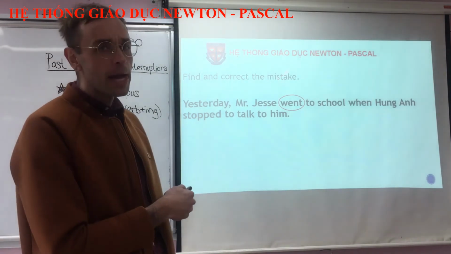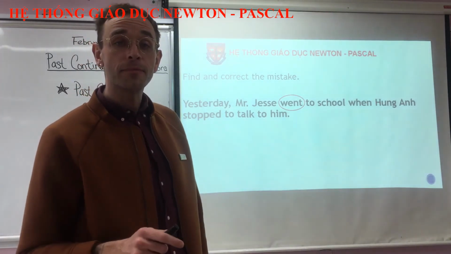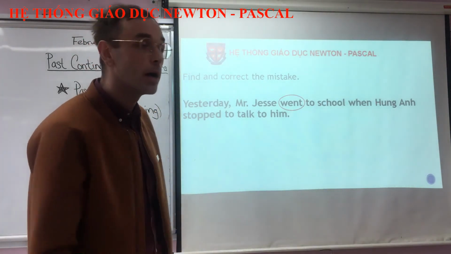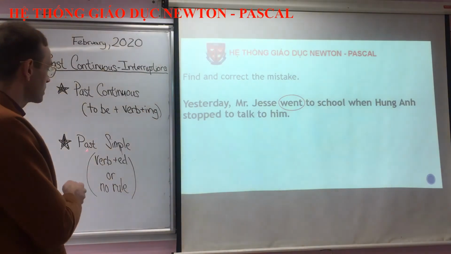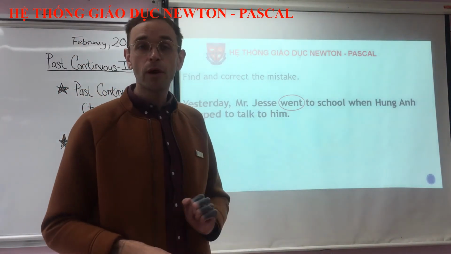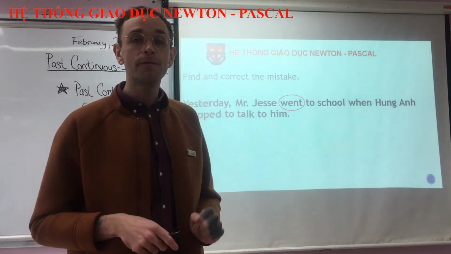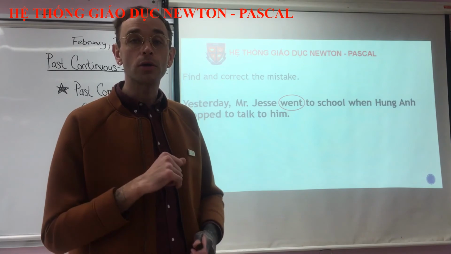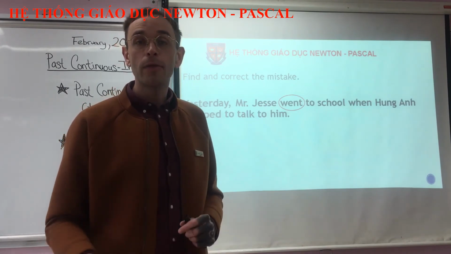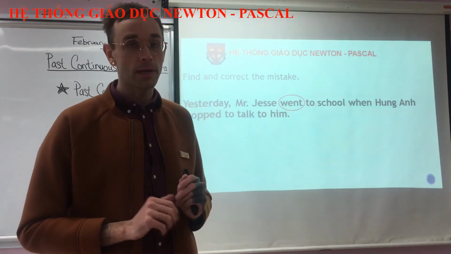Is it in the form past continuous? No, it's not. What form is it in? It is in the form of past simple, right? What is this the past simple form of? It's the past simple form of the verb go. Go is irregular. The past simple form of go is went, okay?